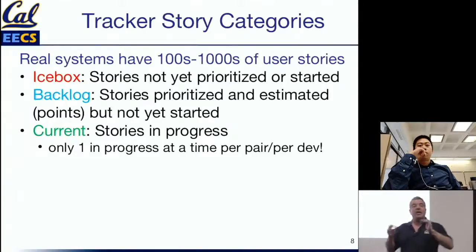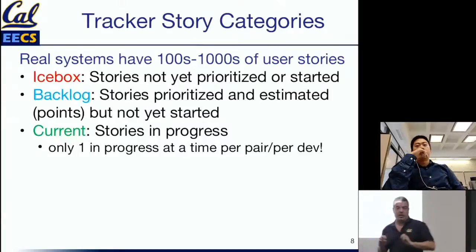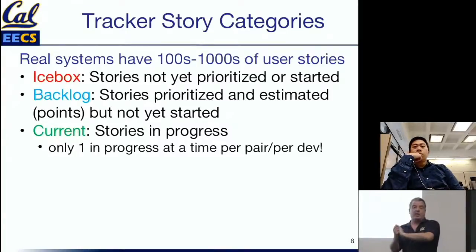a time, right? Now, does that mean that there will never, ever be a case where a pair is working on 2 stories instead of 1? No, sometimes it could happen. For example, sometimes you begin to work on one story, but what you didn't realize before is that story actually depends on some other story, and you can't make progress on the first one until something is done about the second one.